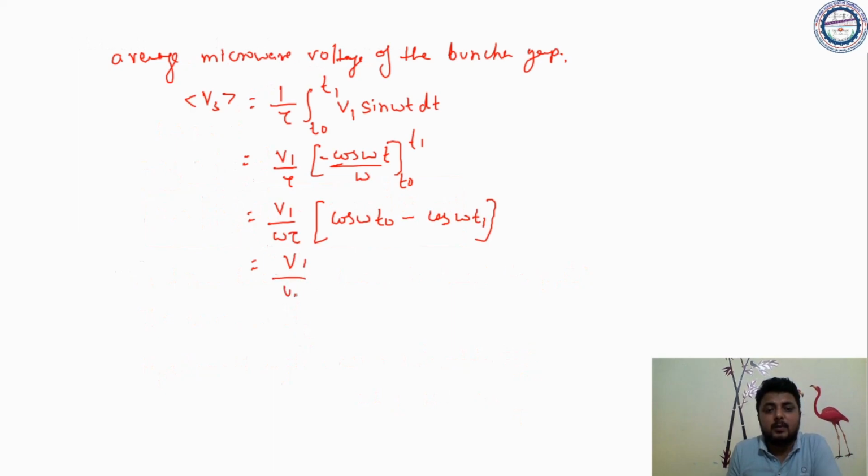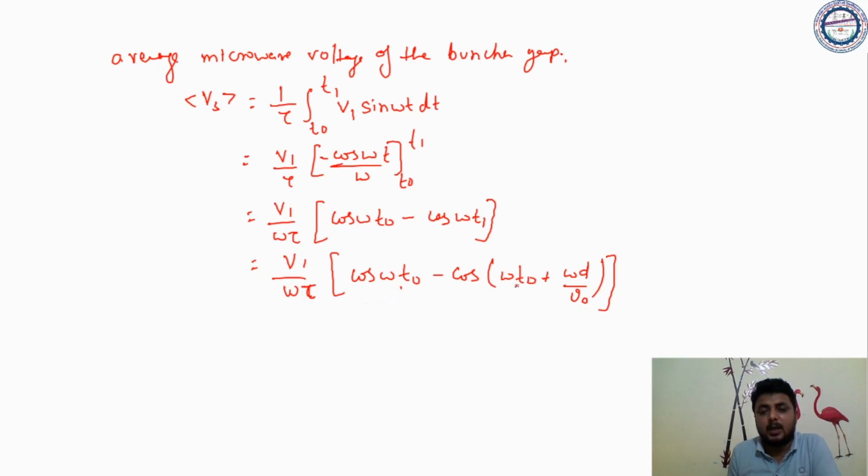So V1 divided by omega tau can be written as cos omega t0 minus cos of omega t0 plus omega d by v0. We will substitute the tau value also: tau is nothing but d by v0. Our ultimate goal is to find this in terms of theta g. So let us take omega t0 and omega t0 plus omega d by v0, and take the one cosine term, or just remove this minus sign term.